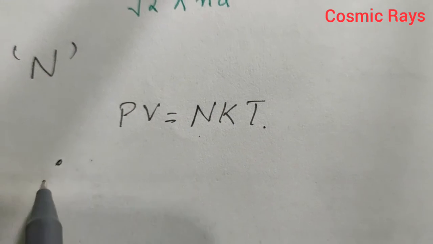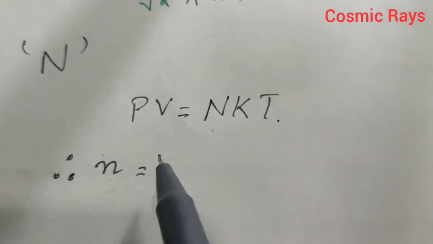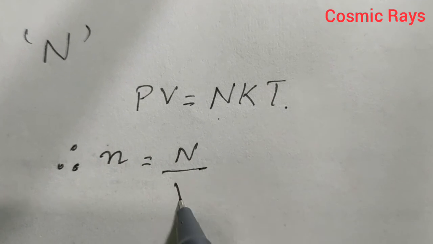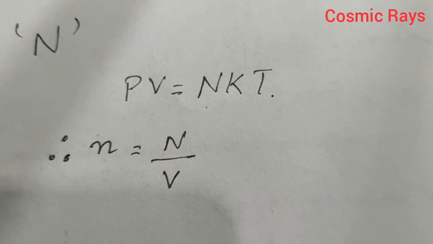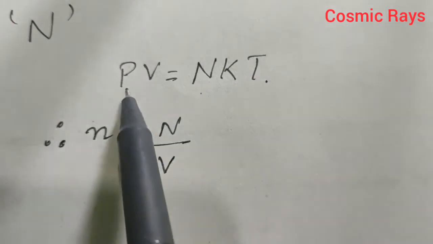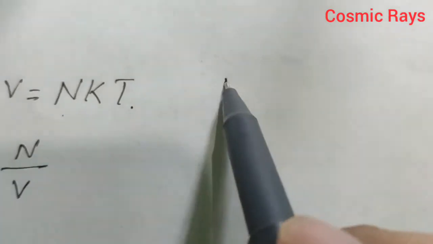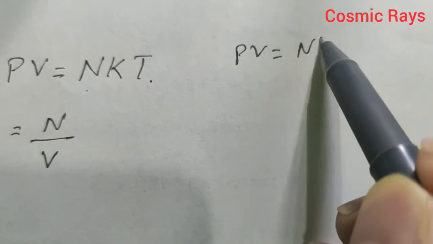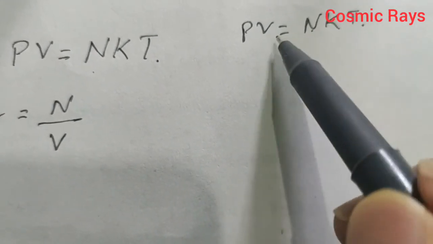So the number of molecules per unit volume, that is small n, is nothing but the Avogadro's number divided by the volume of the gas, N upon V. From the equation PV is equal to NkT, what will be N upon V?